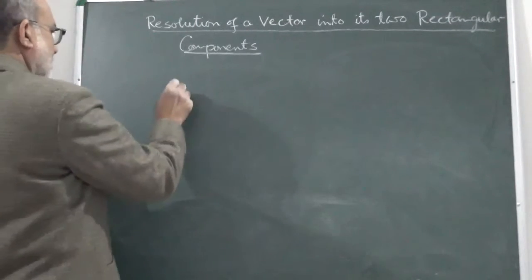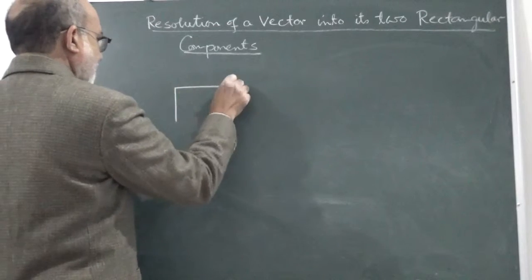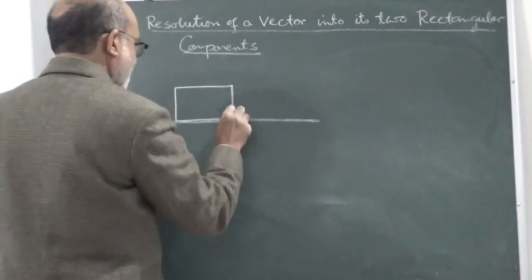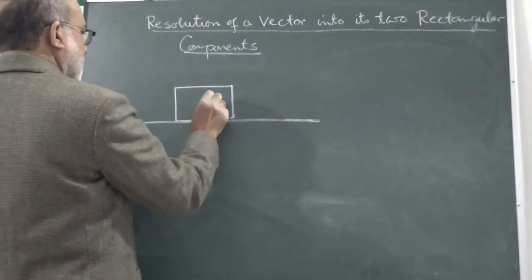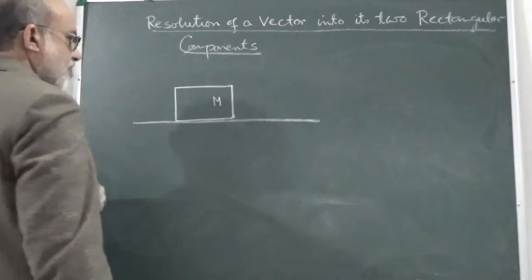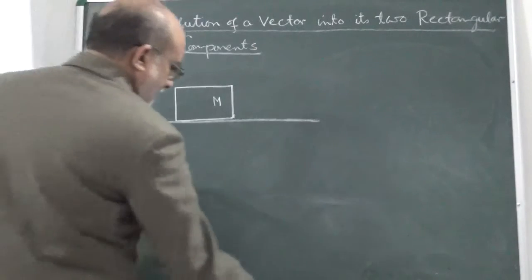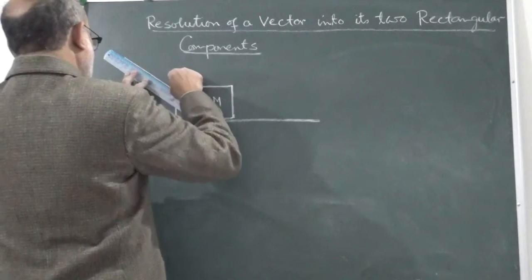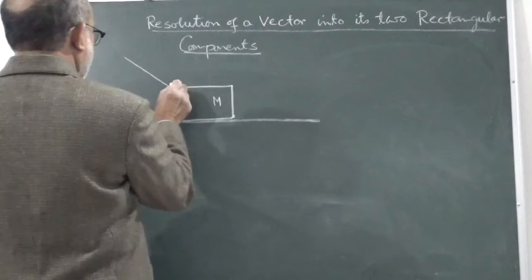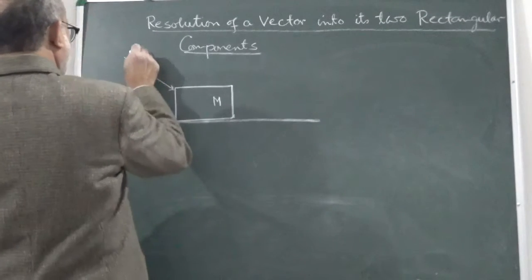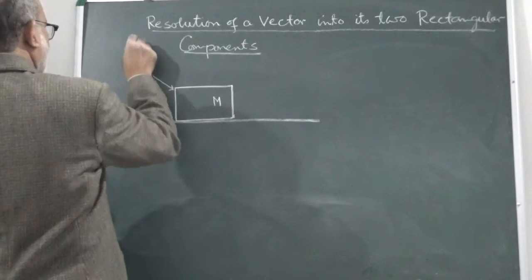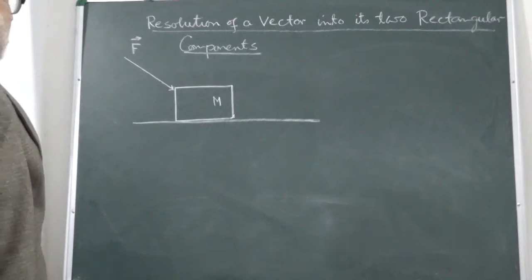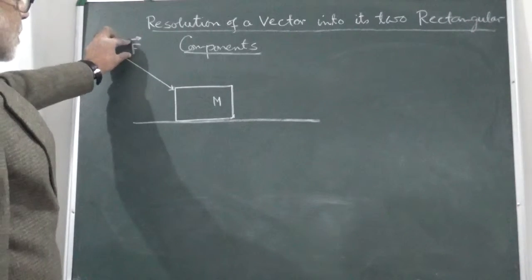Suppose we have a block of mass M on the table, and a force F acts on this block. Now you can resolve this force into two rectangular components.